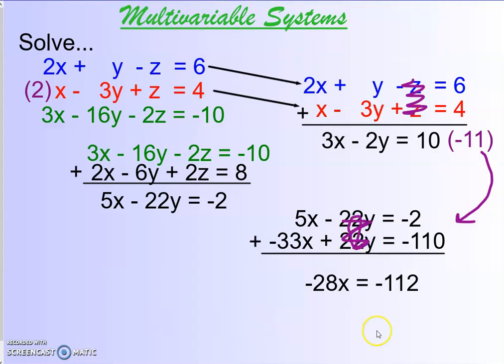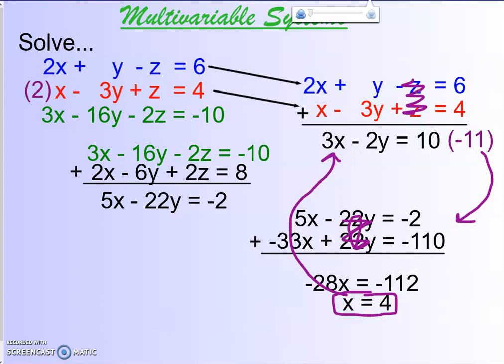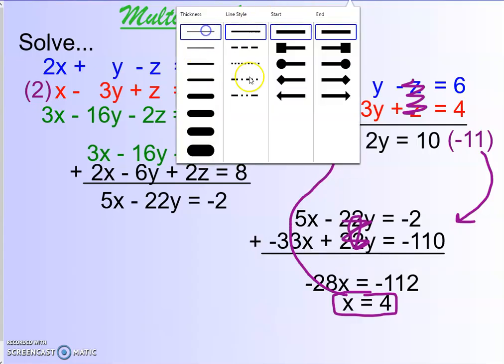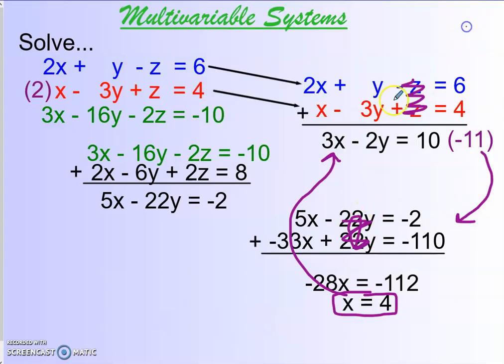And I can finally, after all this work, get my x. And I get x is 4. Whew. So now that I have x is 4, I can take that and make a substitution like there, and I can get my y. So now I can say, okay, x is 4.